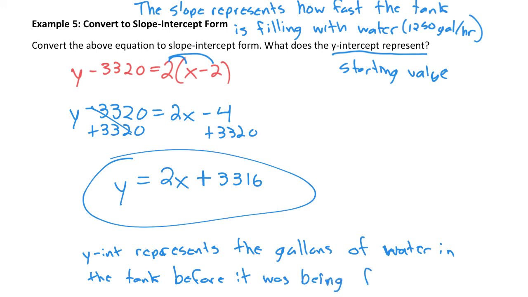So before we started filling up the tank with whatever method we were using, a faucet, a bucket, whatever, this represents the initial value of the water in the tank, the starting value of the water in the tank. So those things are still consistent, a rate, a starting value.